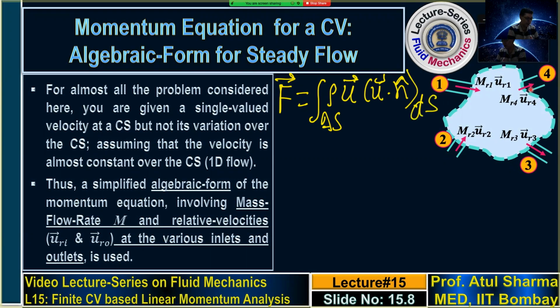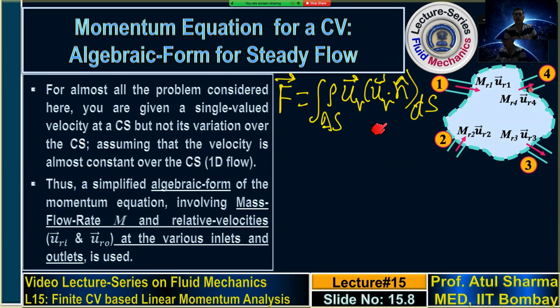Now here, if the control volume is moving, note that this velocity is also a relative velocity and this is also a relative velocity. Now since for this problem, you are given a single value of the velocity, in general a relative velocity.